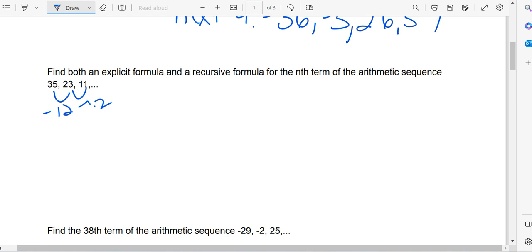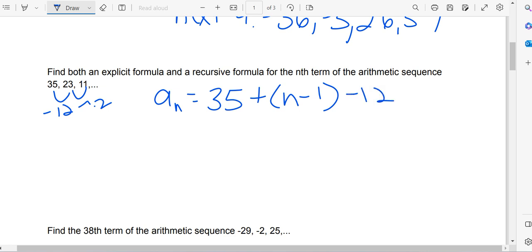So if I'm trying to write the explicit, I'm going to write a sub n equals whatever a sub 1 is. What's a sub 1? A sub 1 is 35. And then I'm going to do plus n minus 1 times d. D is negative 12.